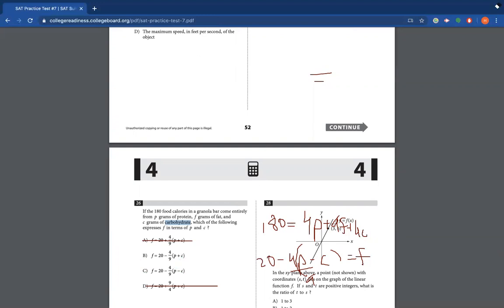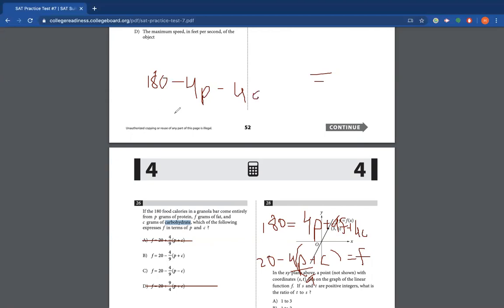It should be plus, I think. This is a plus because I took a negative 4 over 9 common. When I took out 180, I get minus 4P minus 4C, correct?